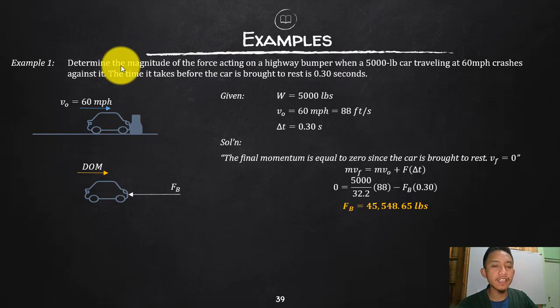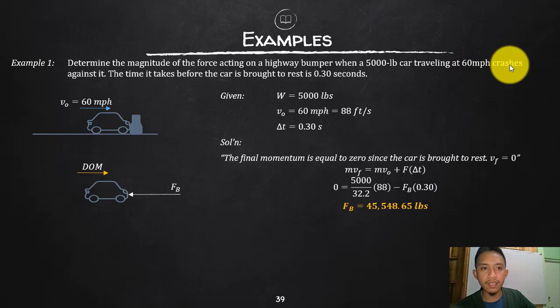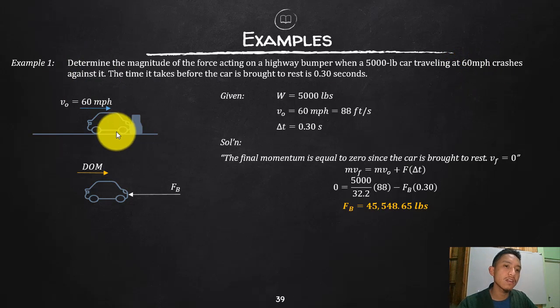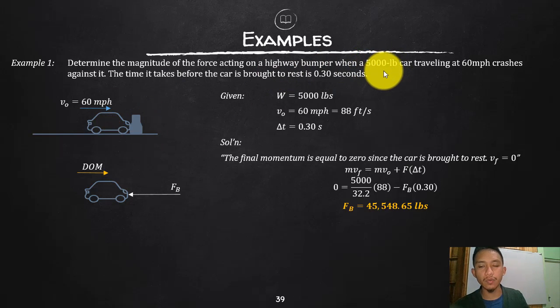So again, determine the magnitude of force acting on a highway bumper when a 5,000-pound car traveling at 60 miles per hour crashes against it. So let's say we have a car that lost control and it will crash into that highway bumper. That car has a weight of 5,000 pounds. That is not slug, unless it is given to be pound mass.